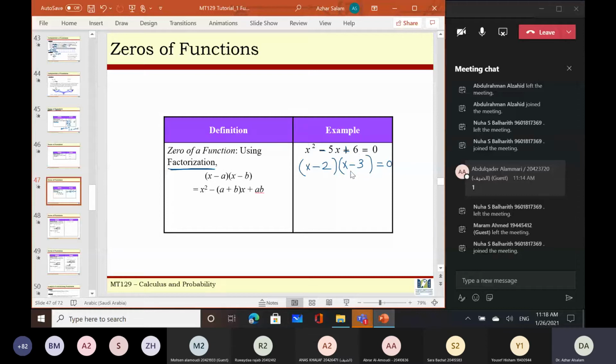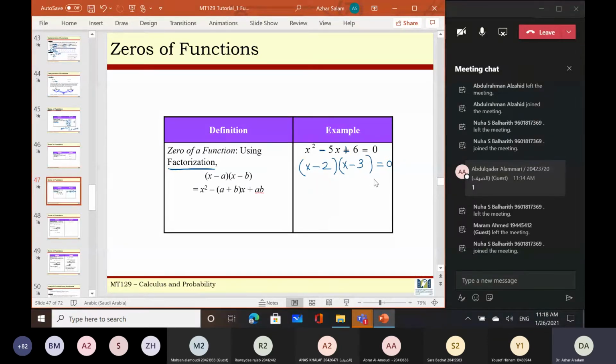And if I add them, minus 2 and minus 3 gives minus 5. حاصل جمع سالب 2 مع سالب 3 يعطيني سالب 5. معناتها عملية التحليل هنا عملية صحيحة.